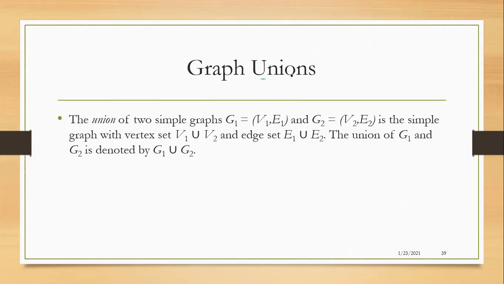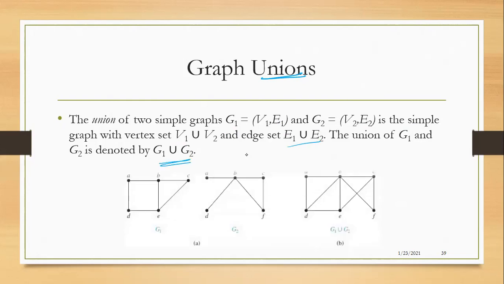Then if I want to find the union of the graph, what I do is I create a union of the vertices and also the edges. Then I will get the graph union, which will be denoted by G1 union G2. Now, if I have these two graphs, if you notice in G1 I have A, B, C, D, E. In G2 we don't have an E, we have an F: A, B, C, D, F. Now what we do is we create a union.